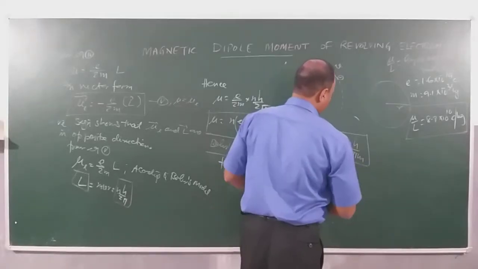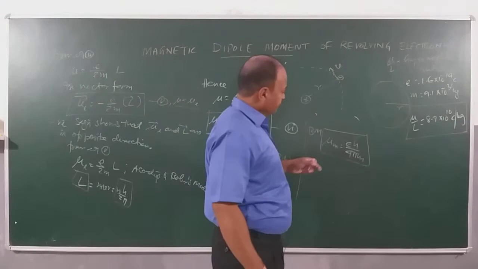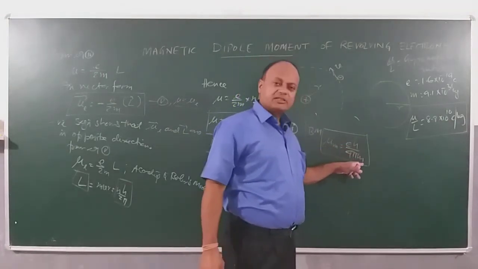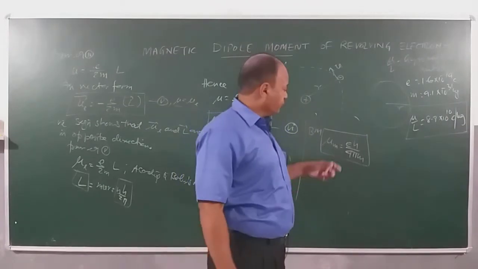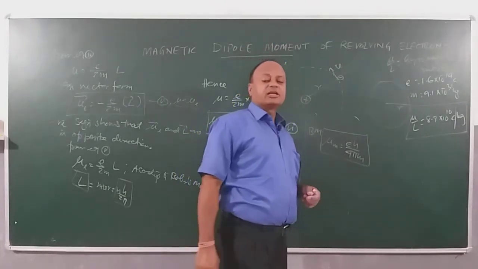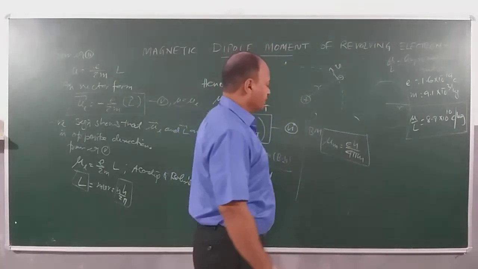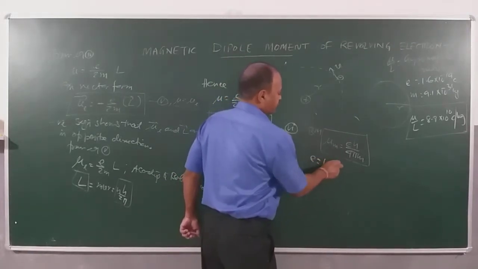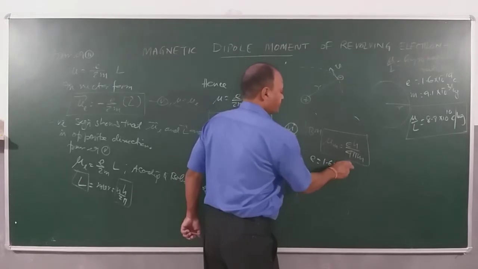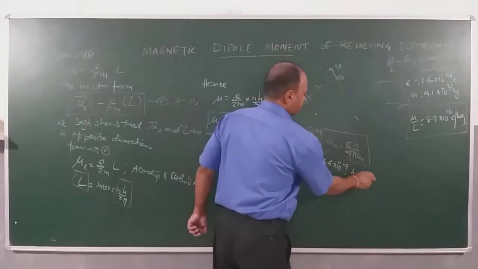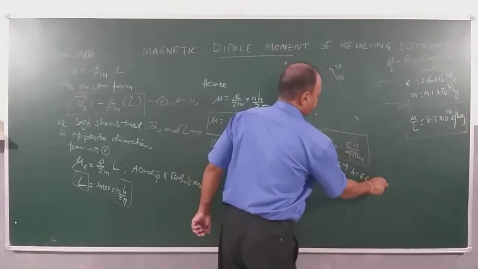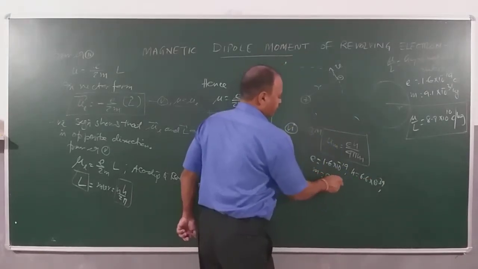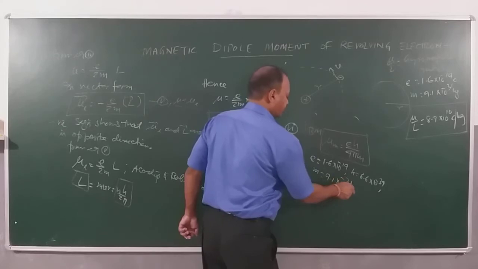Okay. Now children, here you see that e is a constant, h is a constant, pi and mass of electron, all universal constants. If we put all these values, then we get the numerical value of Bohr's magneton. You put here e equals 1.6 into 10 to the minus 19, h is equal to 6.6 into 10 to the minus 34 joule second, and mass of electron is 9.1 into 10 to the minus 31 kilogram.